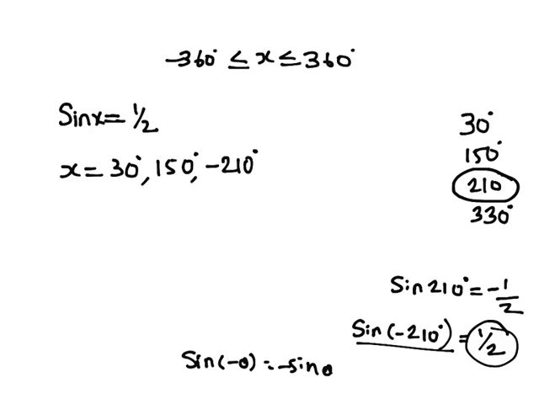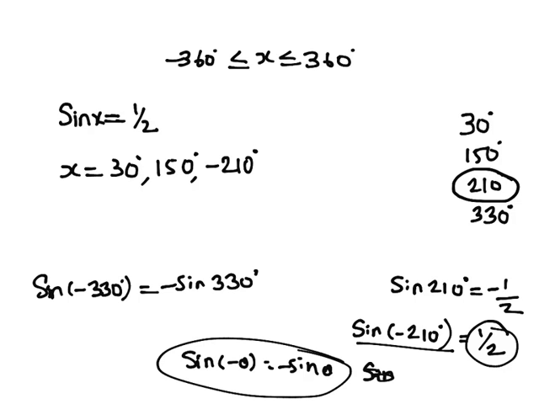And again, sine of minus 330. Okay, let me write it here. Sine of minus 330 is nothing but minus sine 330, right? According to this property, sine of minus theta is minus sine theta. Now we know that sine 330 degrees is nothing but minus half.